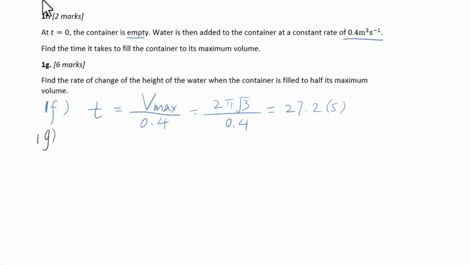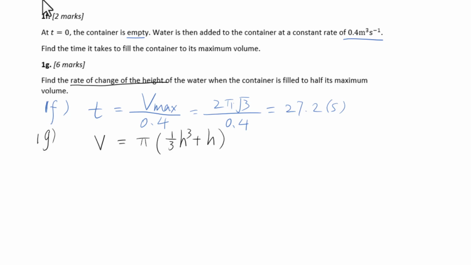Go to 1g. Find the rate of change of height of the water when the container is filled to half its maximum volume. We know volume equals pi times 1/3 h to the third power plus h.